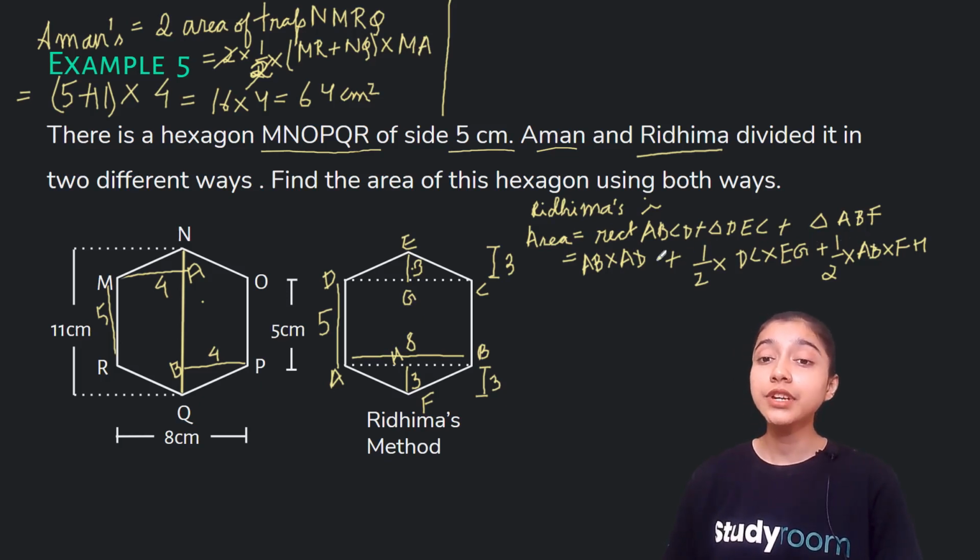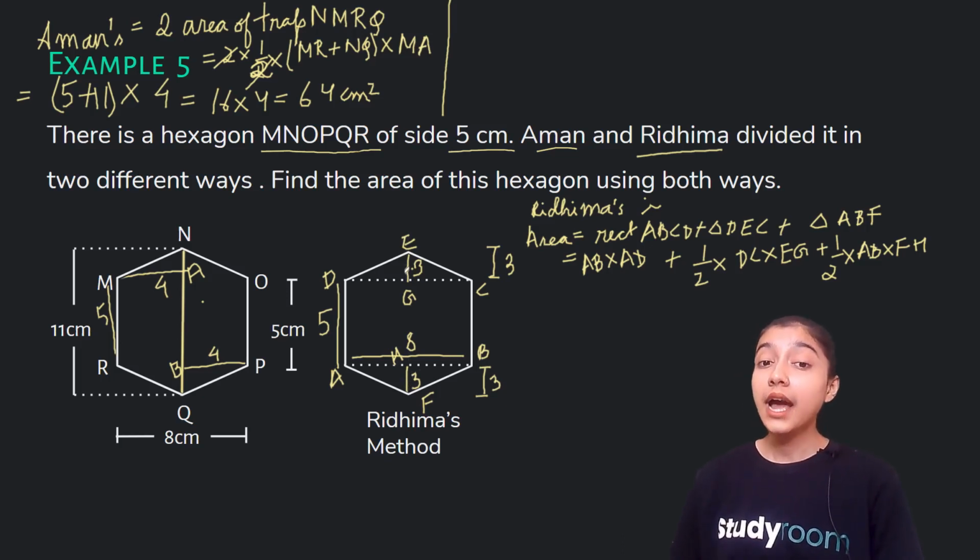Now the area of rectangle ABCD will be length into breadth, that is AB multiplied with AD, and the area of these two triangles will be half into base into height. For this triangle we have half into base BC multiplied with the height EG, and for the bottom triangle again we have half multiplied with base AB multiplied with the height, that is FH.